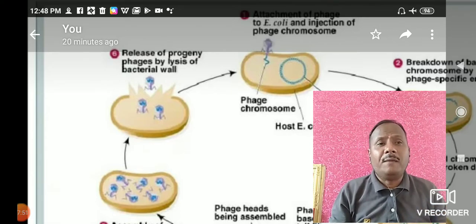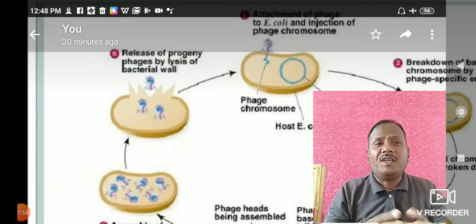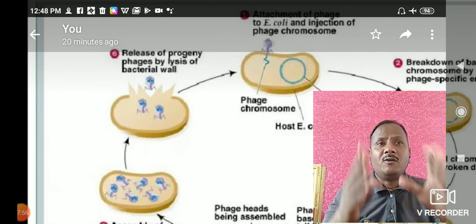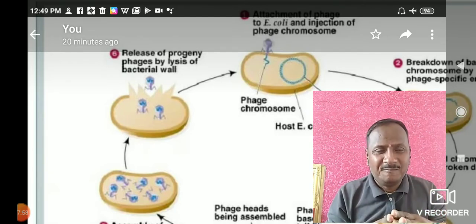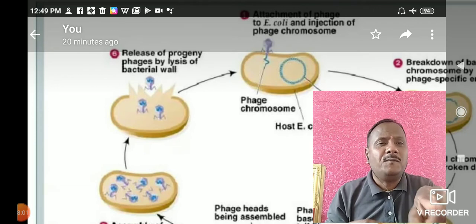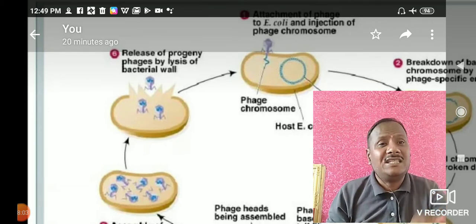And like that, what happens? There is the infection of such viruses, bacteriophages, to the host cells. In this experiment, host cell is Escherichia coli.